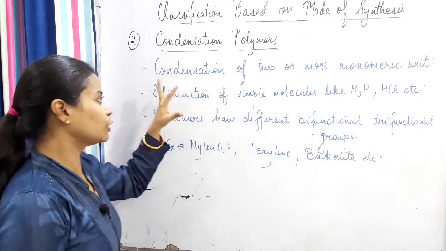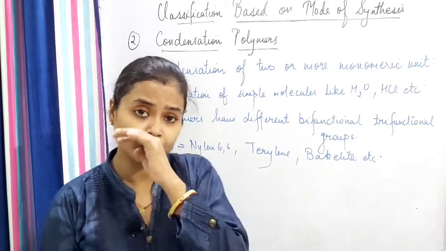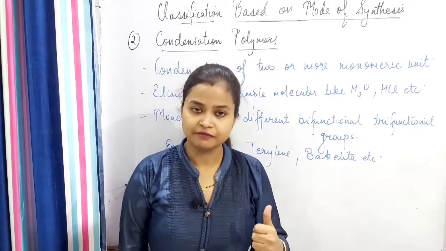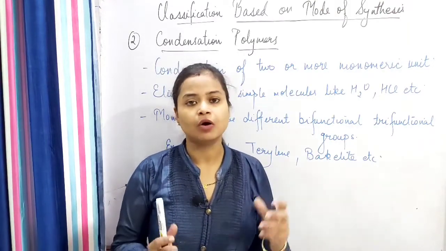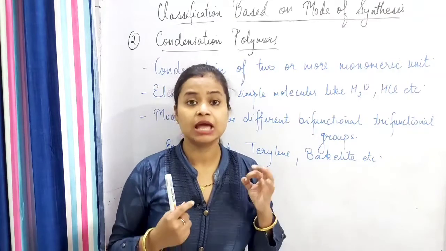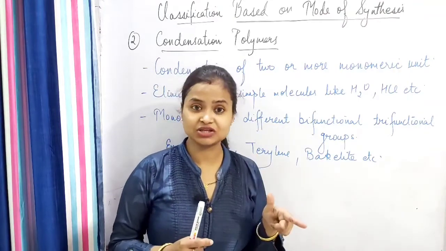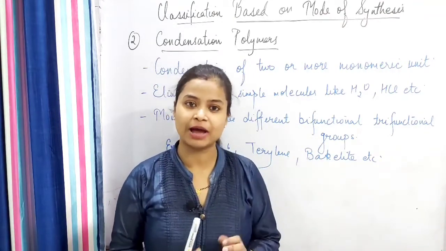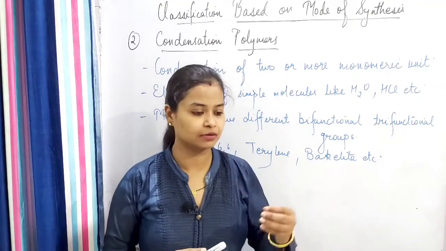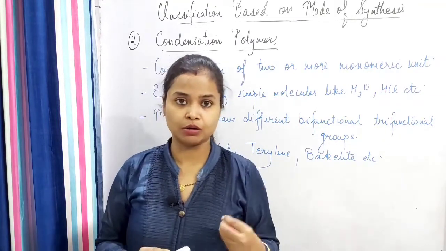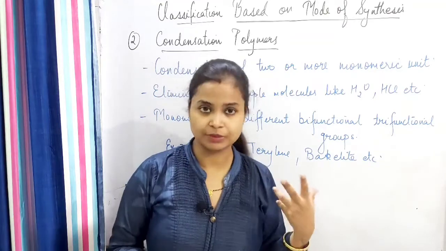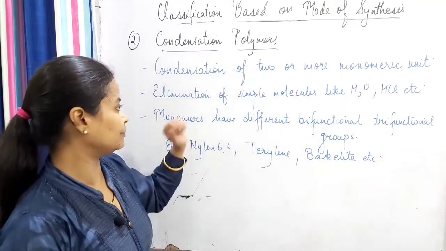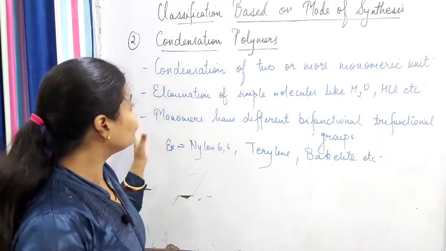In a condensation polymer, the condensation of monomeric units will occur. It is simple condensation of two or more monomeric units. Because condensation is occurring, elimination of byproducts will also be there, like alcohol, HCl, H2O. These simple byproducts will be eliminated.